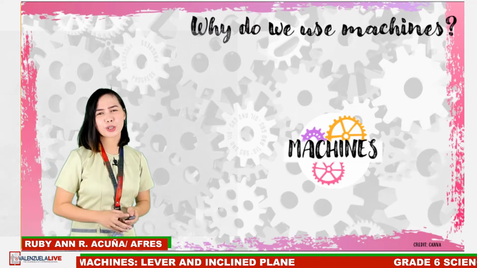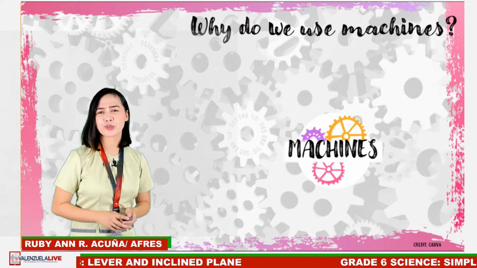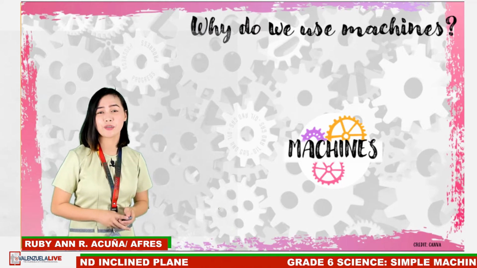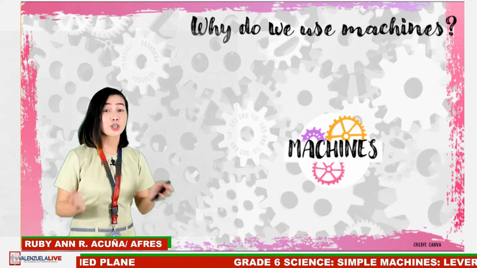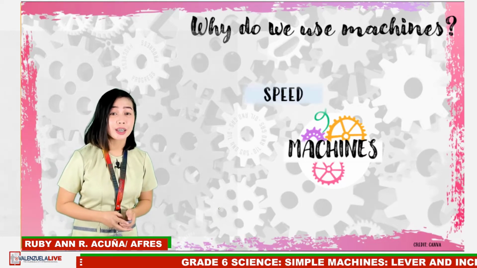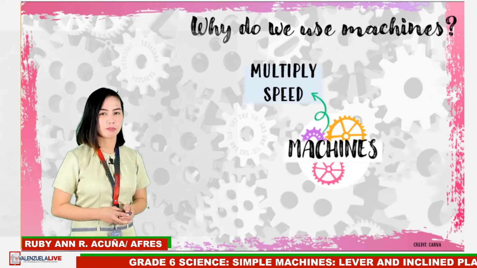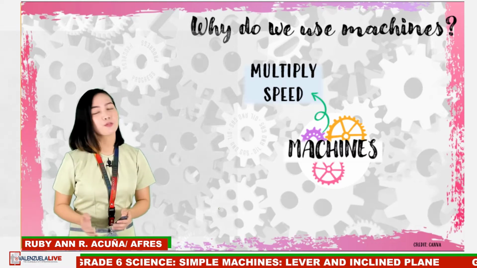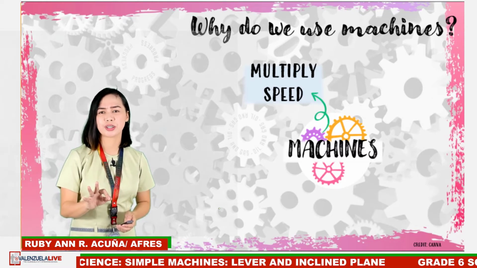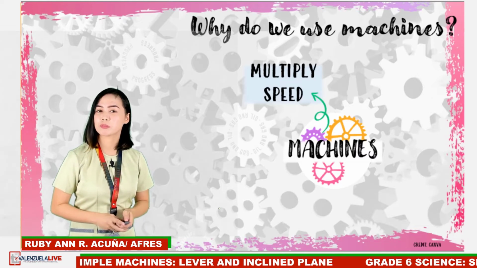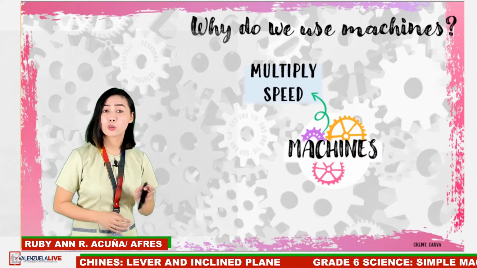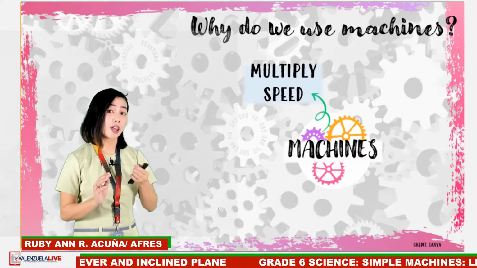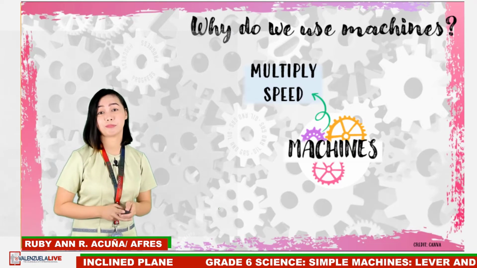One of the reasons why we use machines or simple machines in our daily activities is that machines multiply speed. A dressmaker can finish 3 or 4 dresses a day with a sewing machine. This she cannot do simply by using her hands.